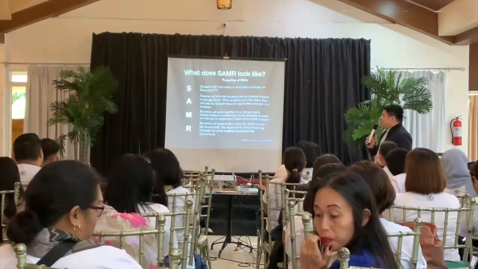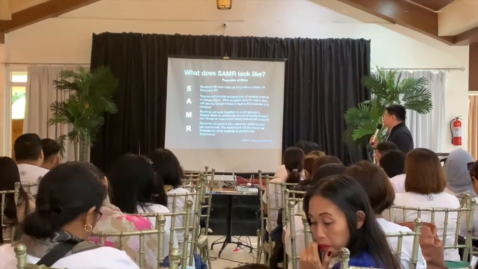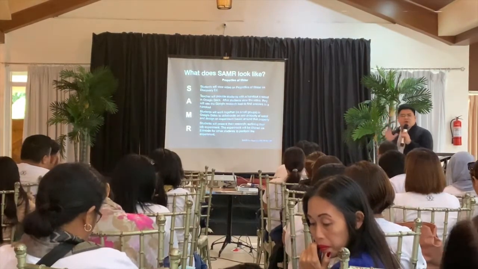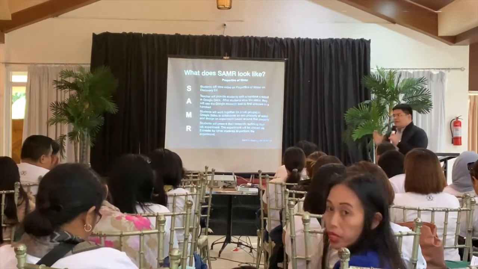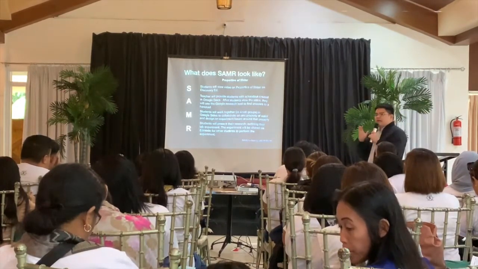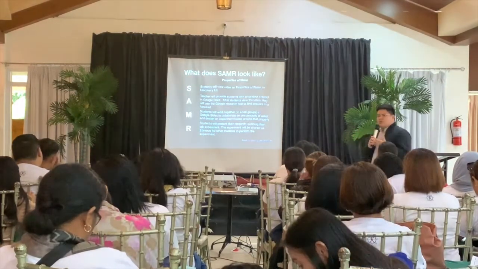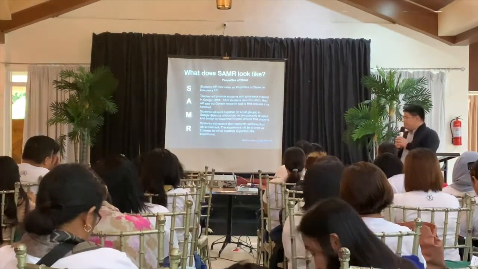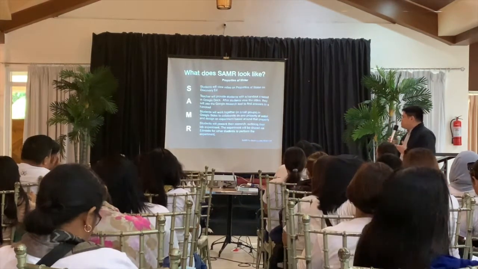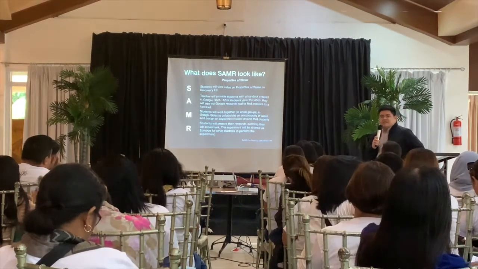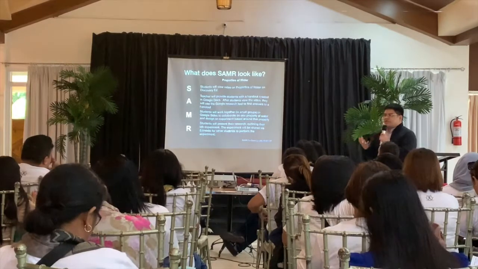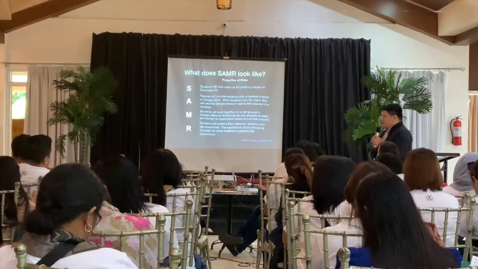Then with the modification and the redefinition, we can now see that there is more collaboration happening, that students are now working on a Google document or a Google slide that would showcase what they've learned so far. And in the R, we'll see students presenting their research and also creating their own experiments.